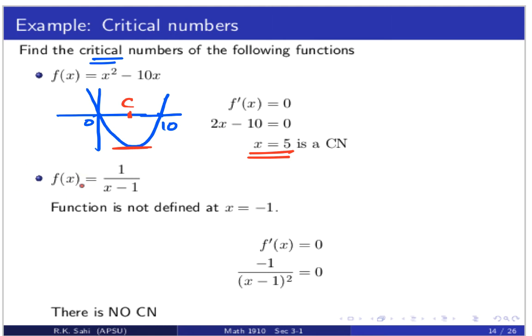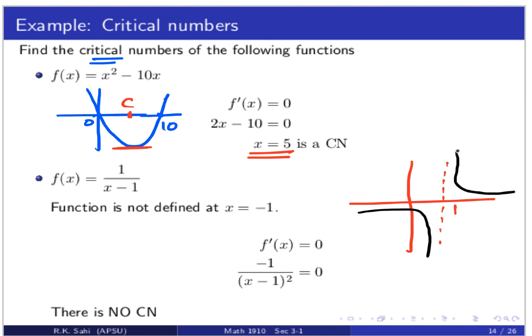Well, let's look at the next function, which is a reciprocal function, 1 over x minus 1. Let's look at the graph here, guys. Now, we know that at 1 it has a vertical asymptote, and the graph goes like this.